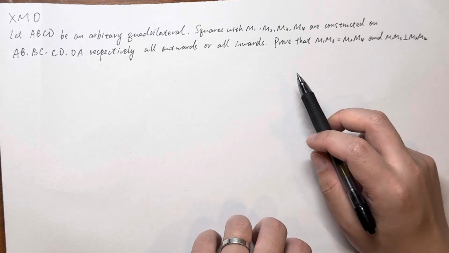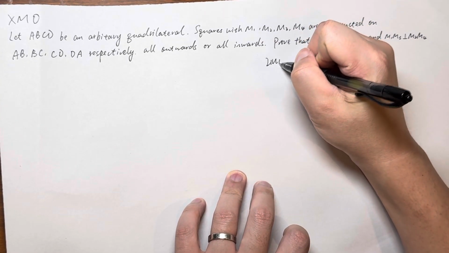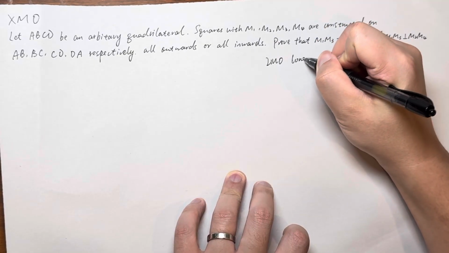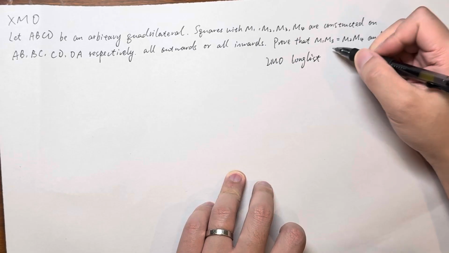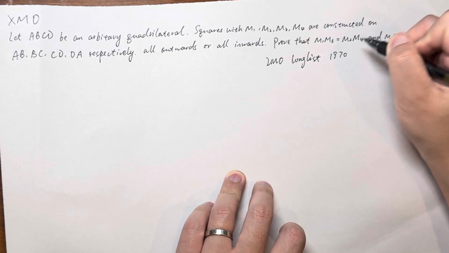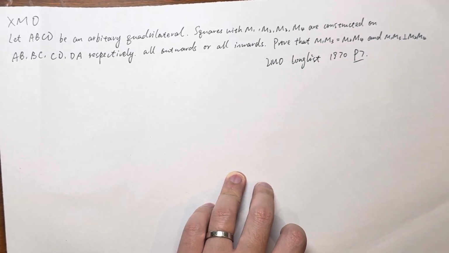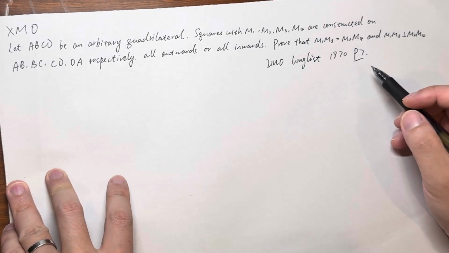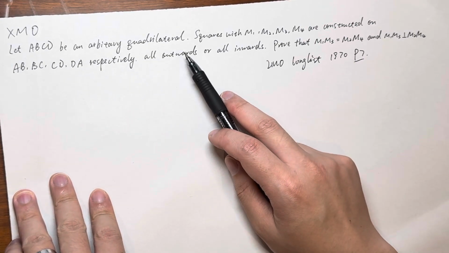So here is a problem from IMO Longlists. If I remember it correctly, it should be 1970, probably P7, something like that. Let A, B, C, D be an arbitrary quadrilateral.